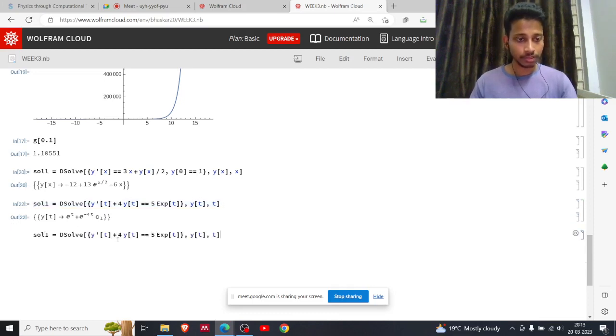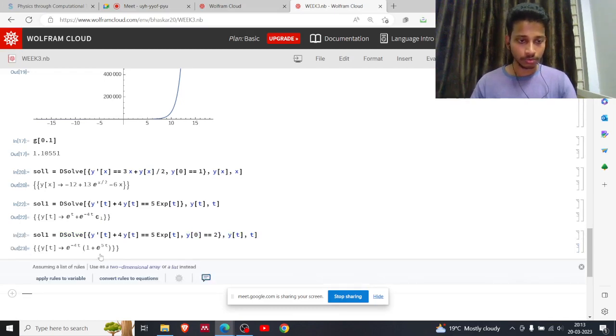Now if we copy this and then just put some initial value like y of 0 equal to 2, you can see that we are getting some value of c1.